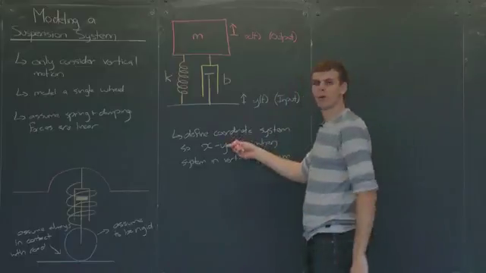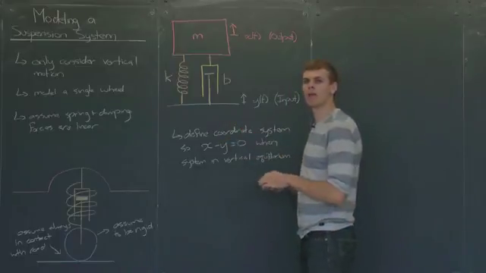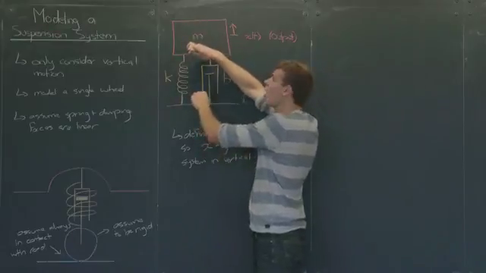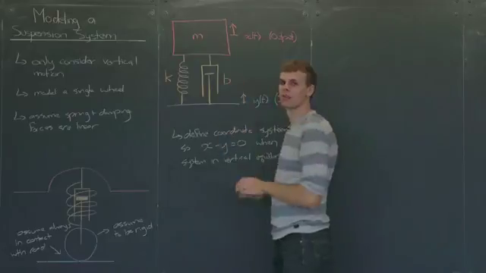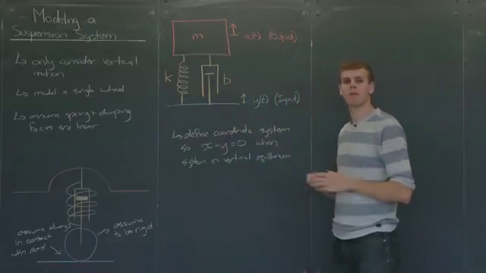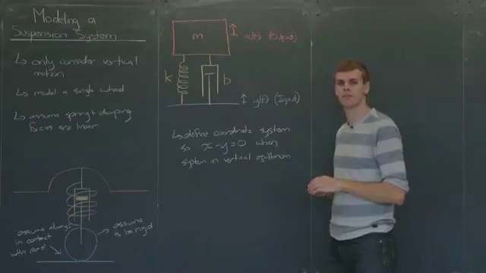With this choice of coordinates, x minus y now represents the amount by which the spring has stretched or compressed away from this equilibrium position. Further, with this choice of coordinates, we can now ignore the effect of gravity in all future calculations.